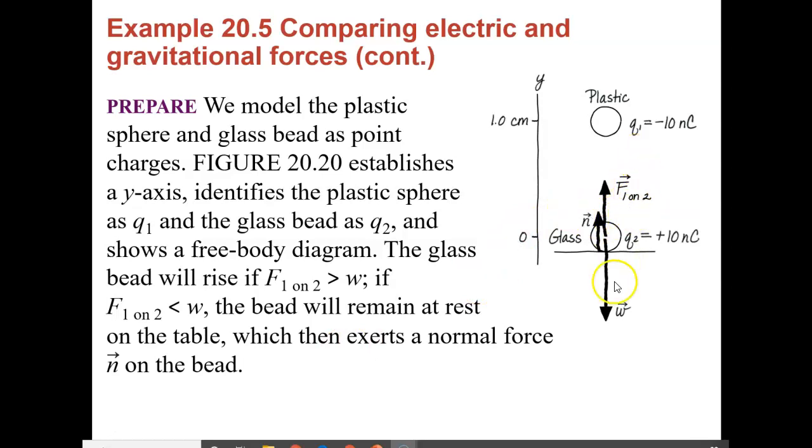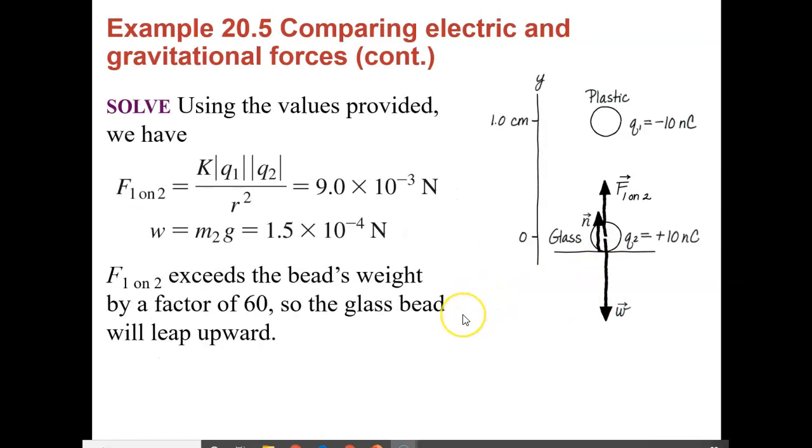So if F1 on 2 is greater than the weight, it's going to rise. If F1 on 2 is less than the weight, it will not do anything. It will stay there, because the net force will be going downward. So using the values provided, we can find that F1 on 2 is Coulomb's constant times 10 nanocoulombs times 10 nanocoulombs divided by r squared, with r being 1 centimeter, which gets us 9 times 10 to the negative third newtons.